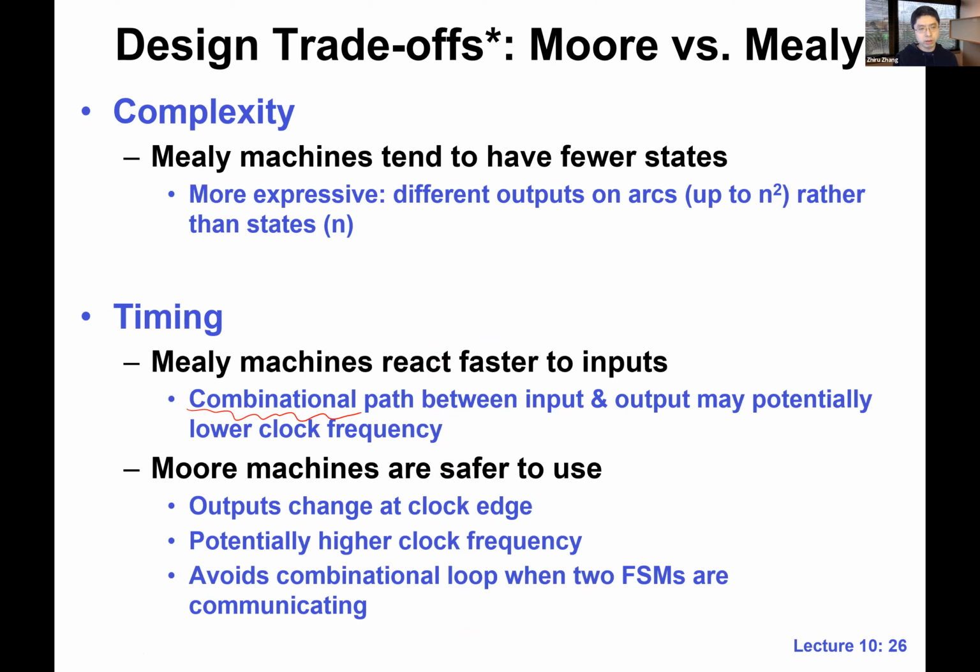There are pros and cons, design trade-offs, with Mealy. I put a star on this slide, so this is optional. It's good to know, but this is not something that you need to know for the exam later on. Any other questions about FSM, Mealy machine and Moore machine?